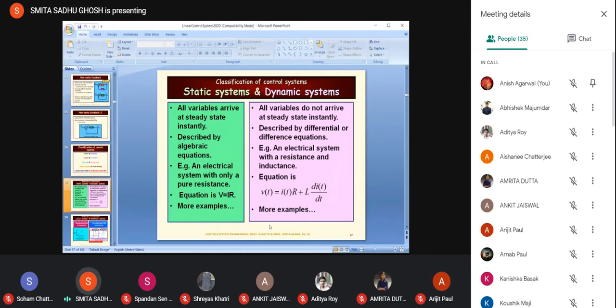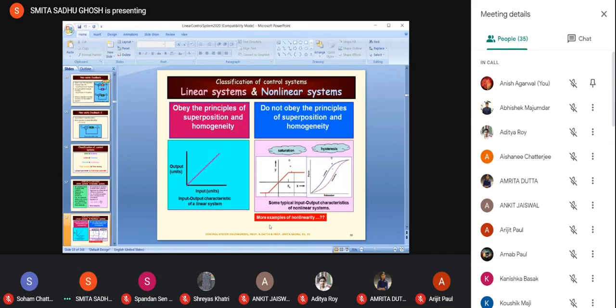So all control systems, or for that matter, all systems can be categorized into either static or dynamic systems. The next classification that we can speak of is linear system or nonlinear system. As far as linearity is concerned, you are already familiar with this.